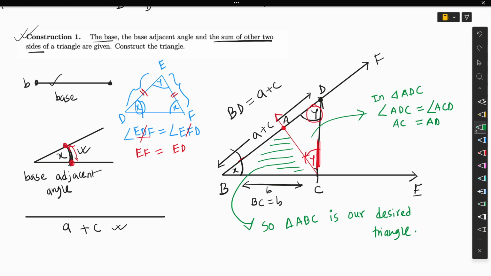Remember, this is very carefully, let's change the color.